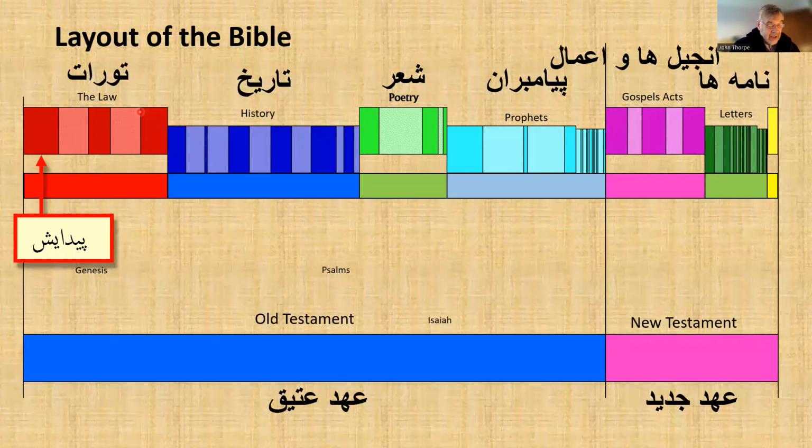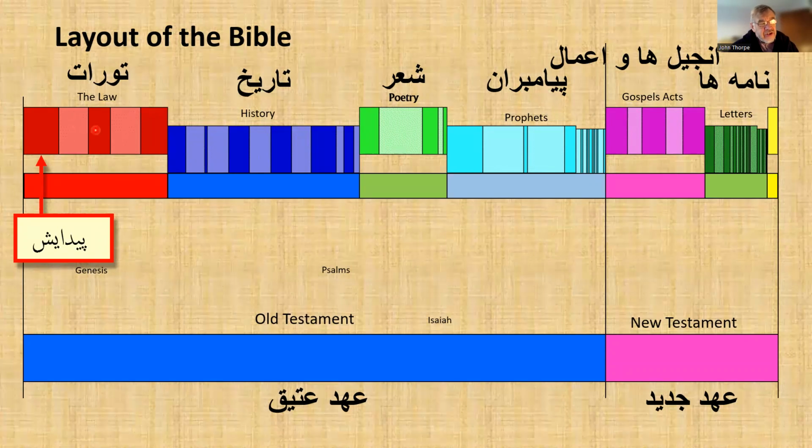It tells us about Abraham, what a faithful man he was, and how he received promises from God. And it talks about the beginnings of the nation of Israel.